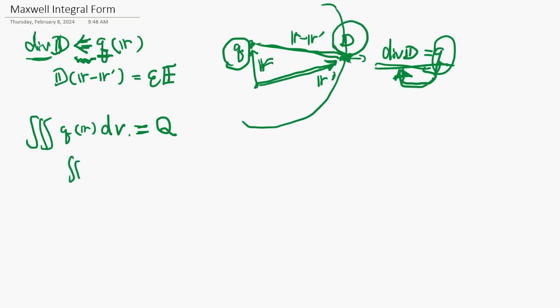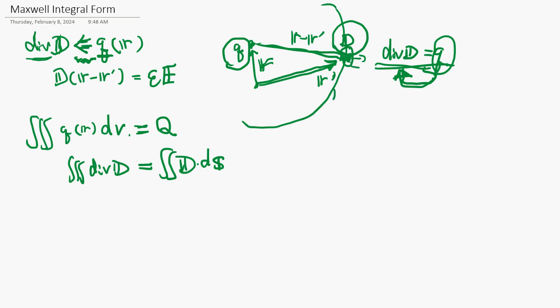The volume integral of divergence of D is going to be the surface integral of D over this sphere, and this is a surface vector.